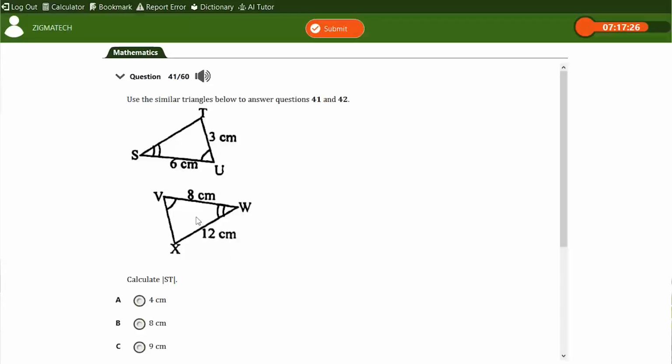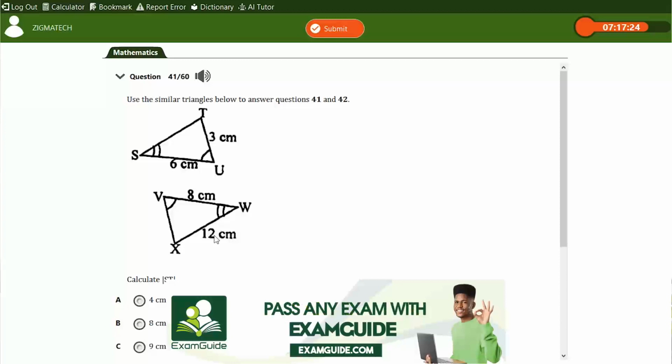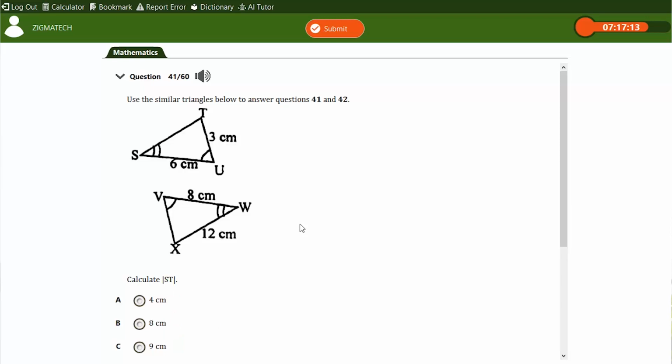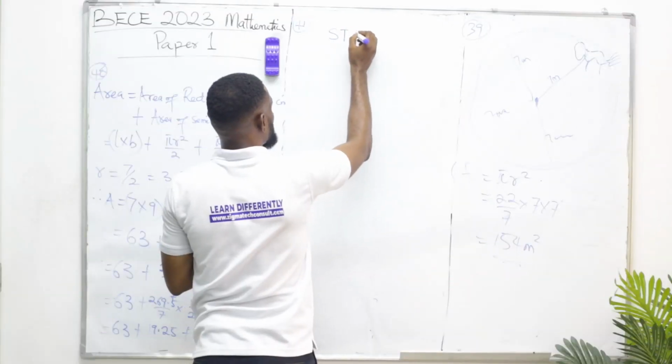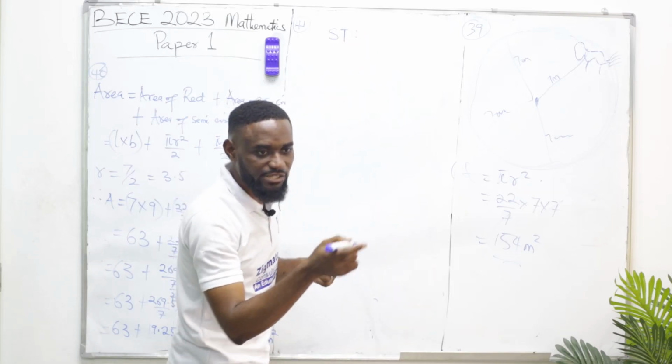That is XW, that is 12 cm. Do you get the point now? So we are going to make a relationship between ST and XW. So we say ST, look at the board now, we say ST ratio XW.